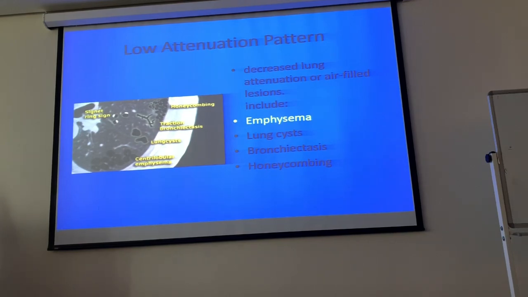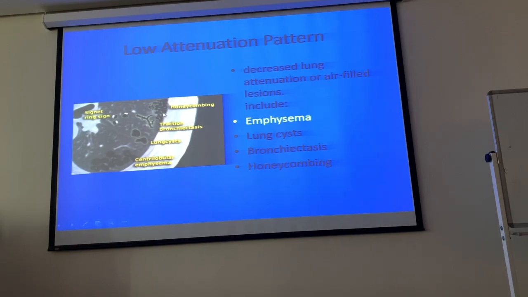It has been pulled. So this is how traction bronchiectasis will look. If it is all along the periphery and there are too many lobules like this, it looks like honeycomb, and this is called honeycomb.